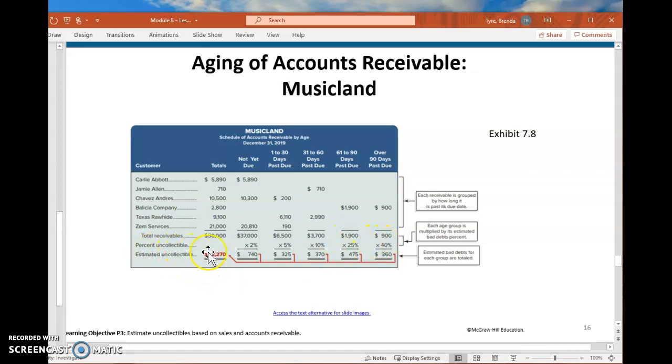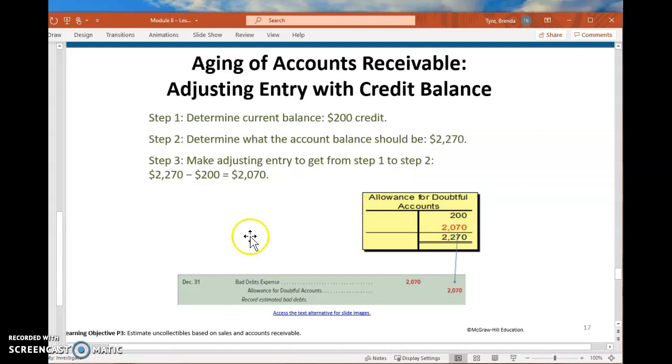So you'll notice the percent uncollectible goes up as the balance becomes more past due. So by the time we get to the over 90 days, we're estimating that as much as 40% of that will not be collected. So to get our estimated uncollectible, we simply multiply that by those percentages that we've arrived at through historical means, total those all up, and we estimate that we should have $2,270 in our allowance account.